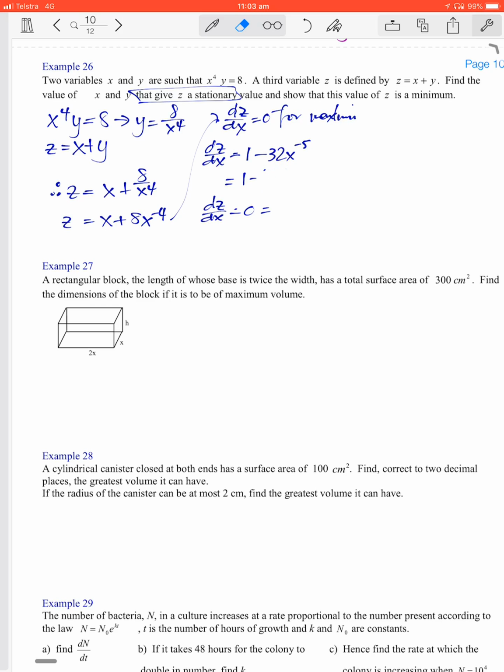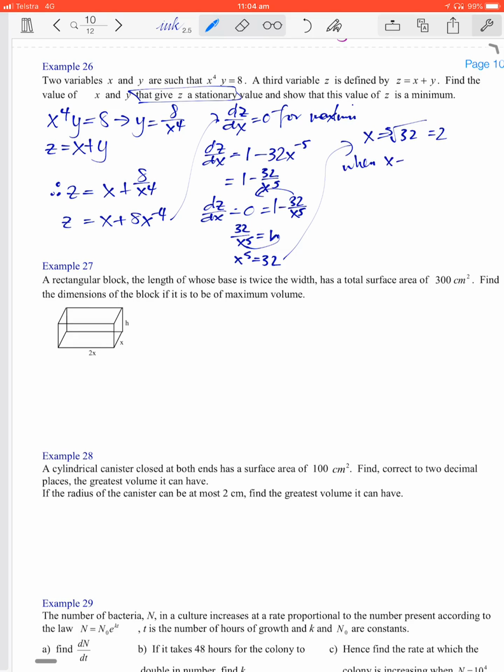That is 32 on x to the 5. So dz/dx equals 1 minus 32 on x to the 5. If I bring my 32 on x to the 5 to the other side, so I get 32 on x to the 5 equals 1. Multiply x to the 5 across. x to the 5 equals 32. And then we get x equals the fifth root of 32, which is 2.